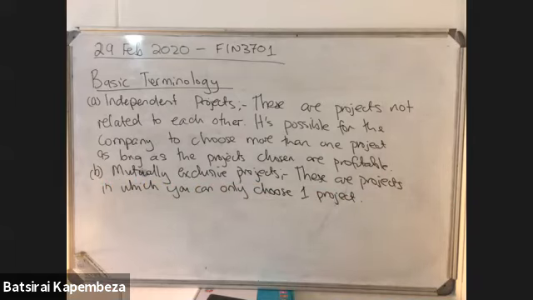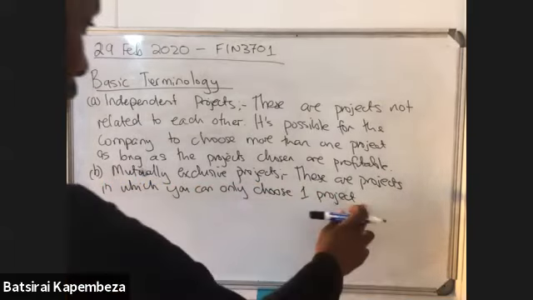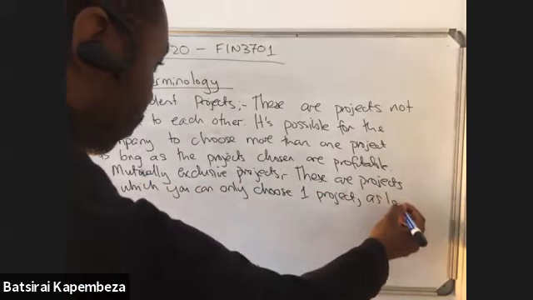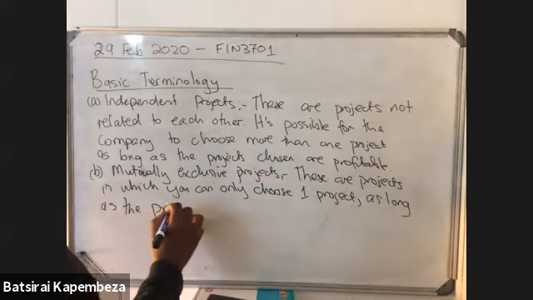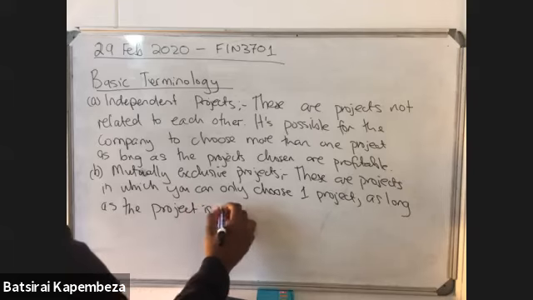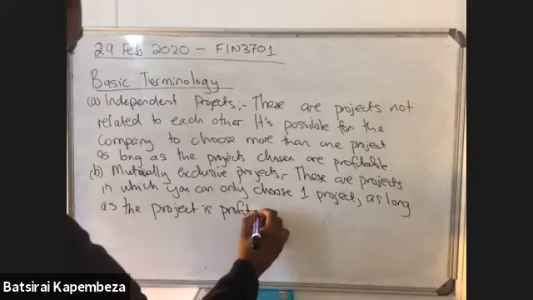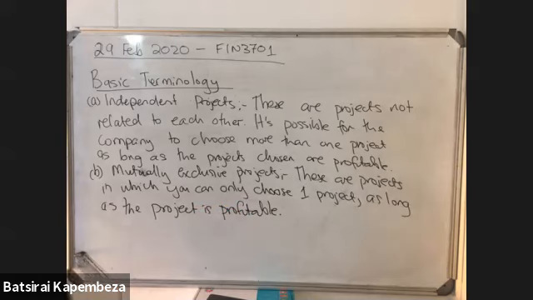So these are projects in which you can only choose one project as long as the project is profitable. So mutually exclusive projects are the opposite of independent projects.